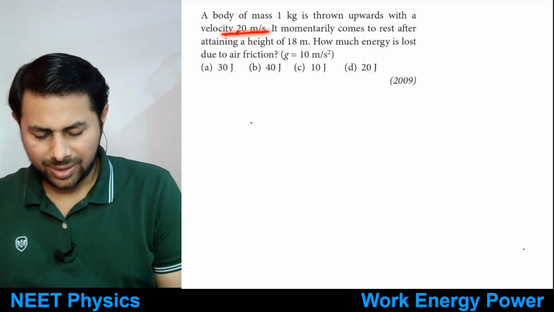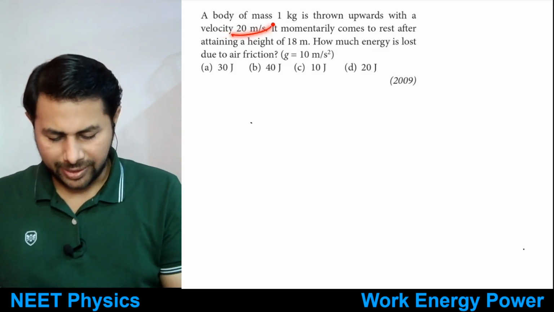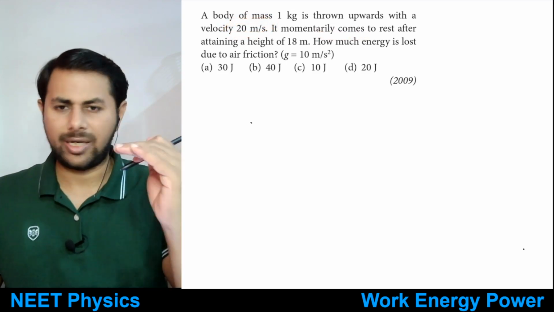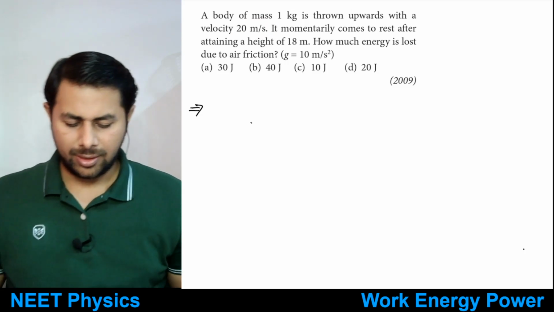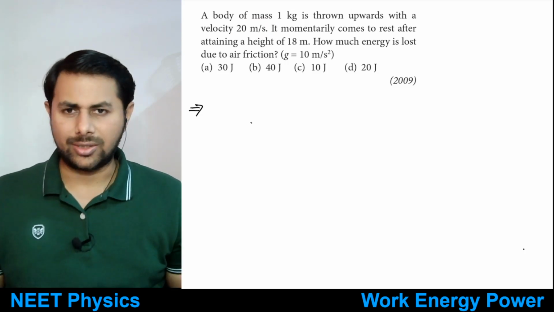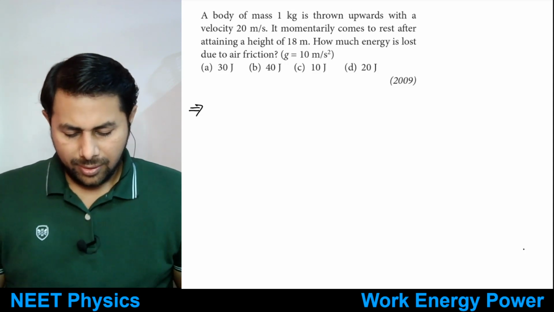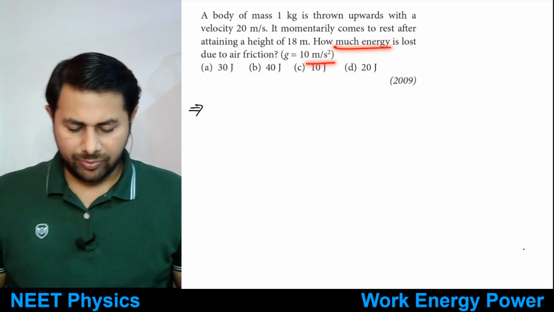Initially you throw it with speed v, whatever it is, 20 meters per second. It momentarily comes to rest after attaining some height. So what can you say? That total energy is constant, but there is some energy lost in doing work against friction.